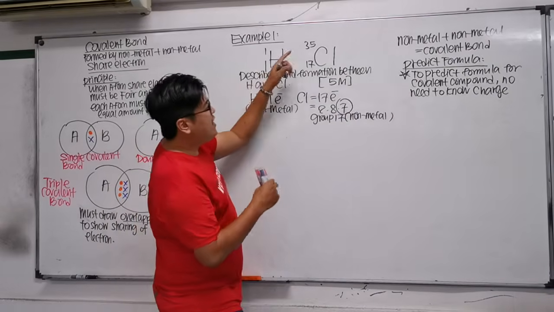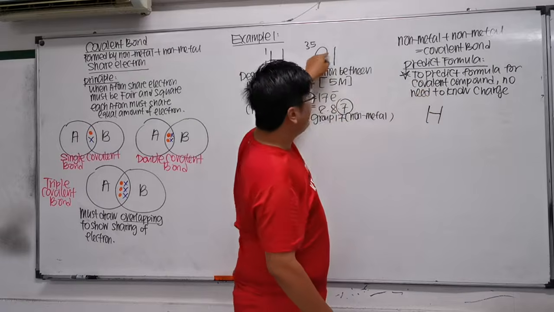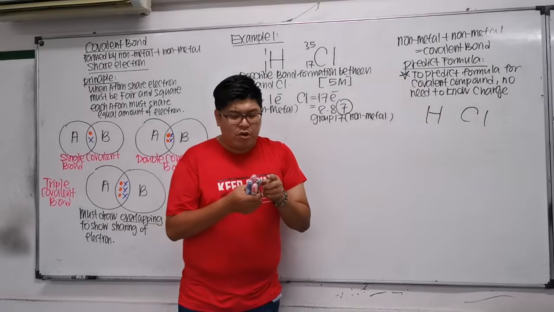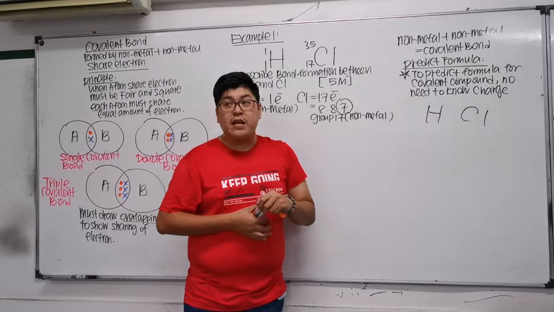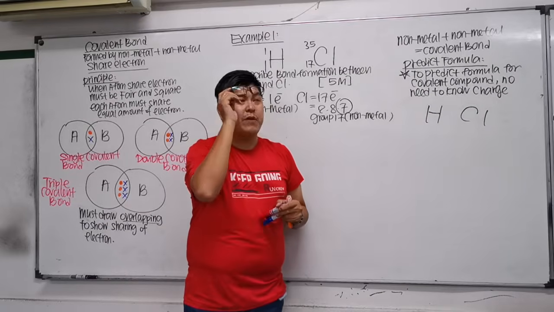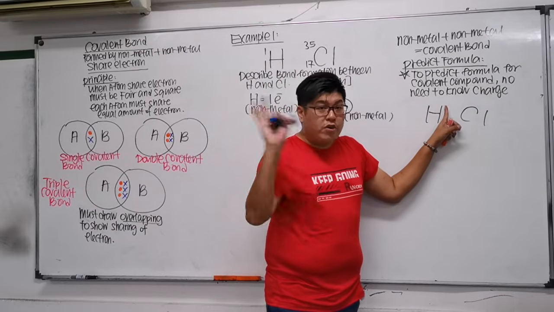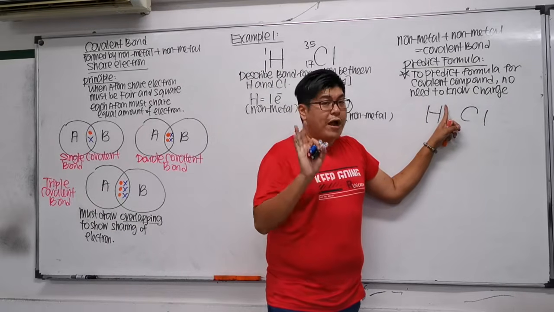Here, this is hydrogen and this is chlorine. You don't need to write the charge. But you need to do this thing for me. Listen carefully, guys. On the top right corner, no need to write the charge. You just need to write a number here.